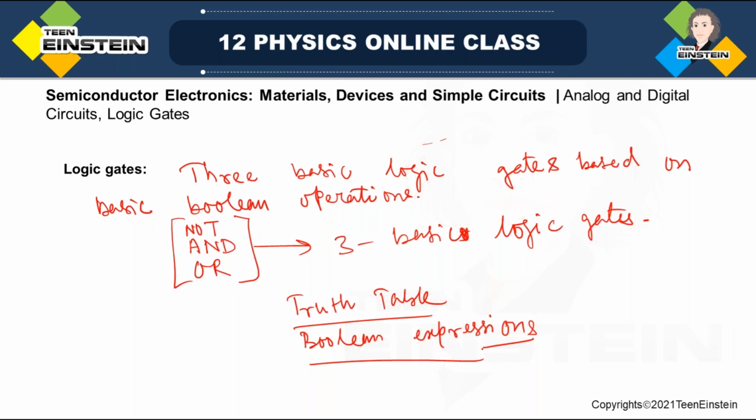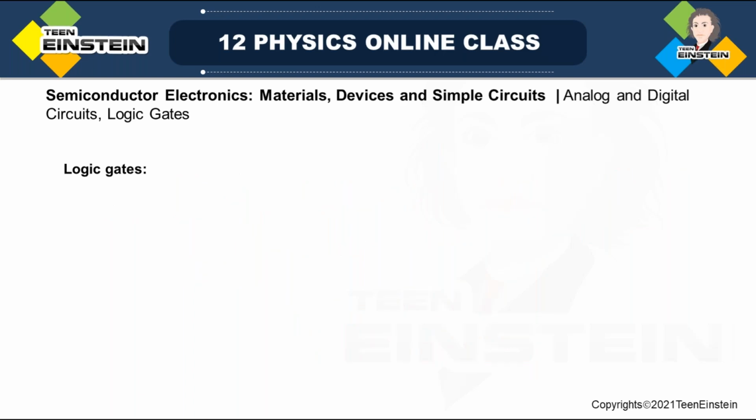Now we'll go to the first, NOT gate. Let us take NOT gate. So NOT gate has a symbolic representation. You might have drawn this for a diode, right? If you just give a simple vertical bar, it will be a diode, but we are not going to draw it here.